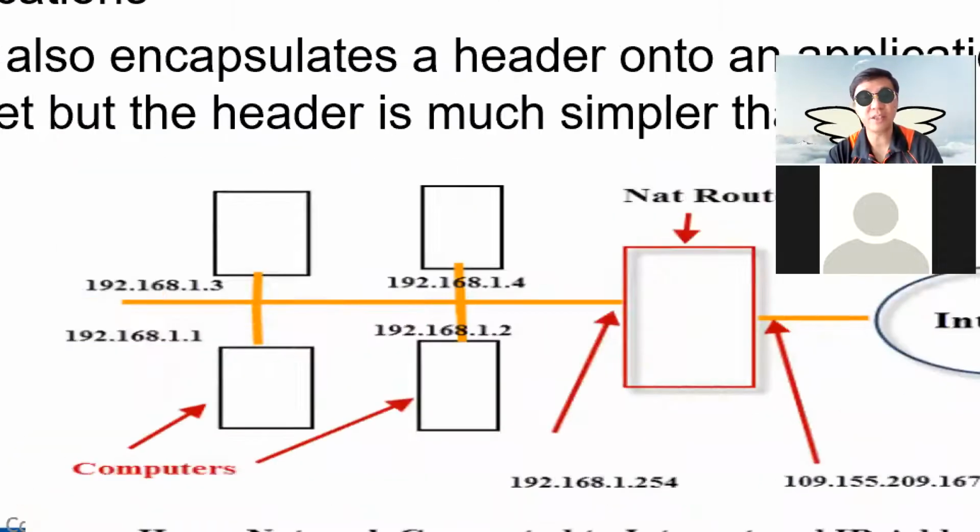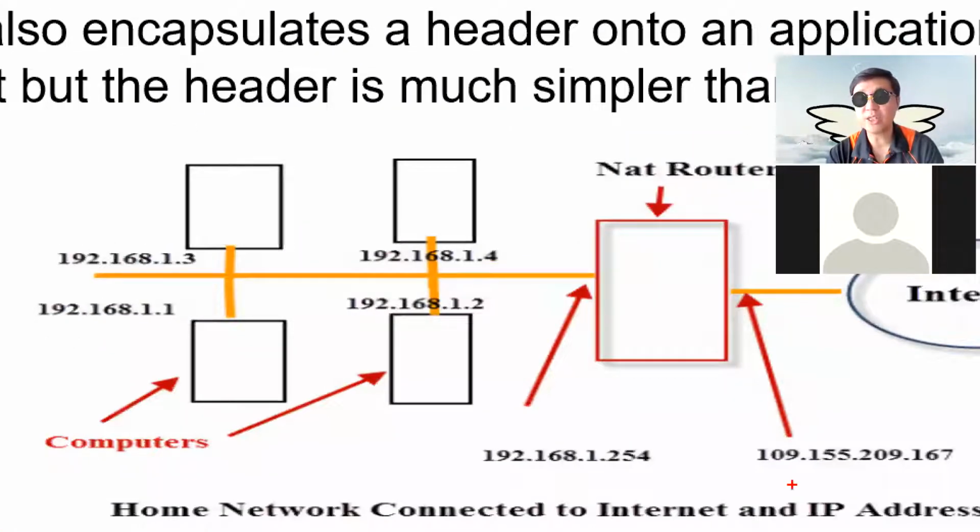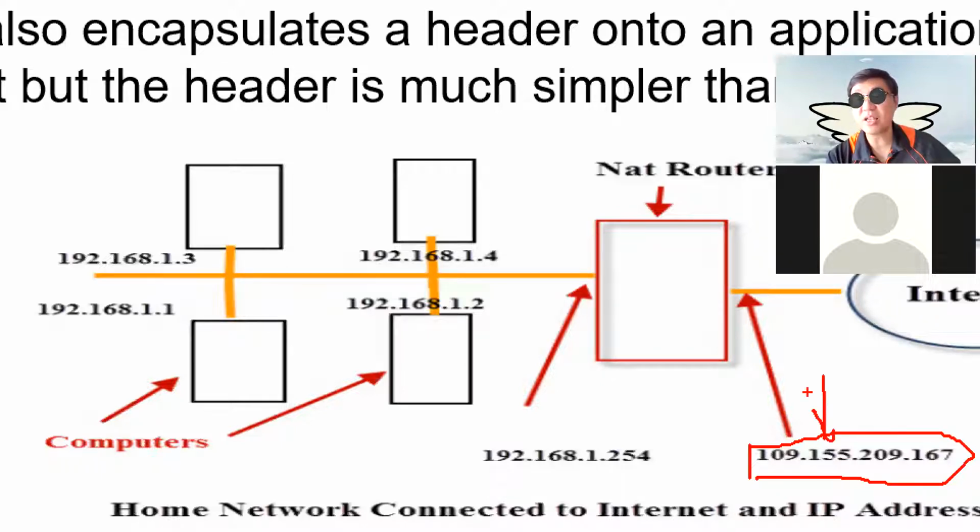Usually the ISP will assign you a public IP address. We call this the public IP address because it is exposed to the internet, exposed to the public. Whoever sends will only see this. Just like if you are in NUS, the outsider will see the NUS IP address as this. So this is a global public IP address, okay?